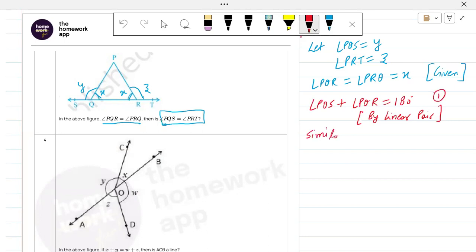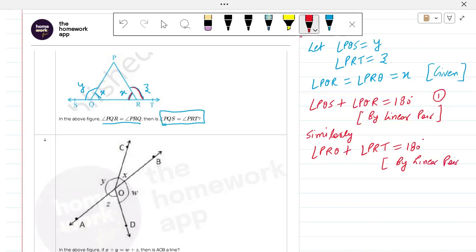Similarly, you can write angle PRQ plus angle PRT. That means this angle plus this angle is also equal to 180 degree by the same reason, that is by linear pair.